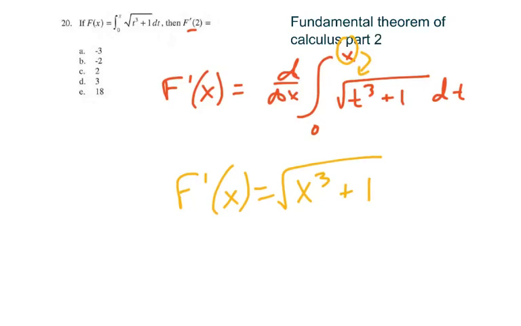Now, just as a side note, because I know a lot of you don't have your notebooks with you, if this had been 2x, then I would have 2x cubed, and I would have had to multiply by the derivative of that, 2. So I'd have a 2 out in front also.